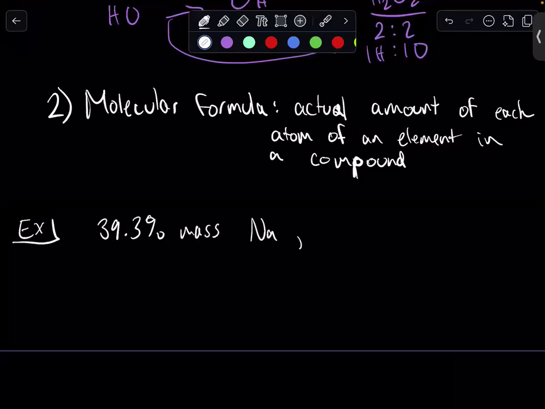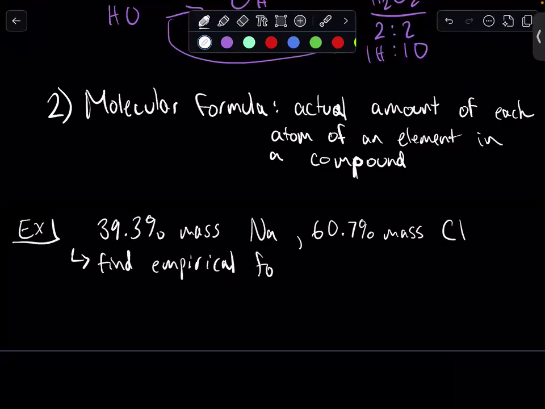We also have 60.7% mass chlorine. So using this, we have to find the empirical formula for sodium chloride.